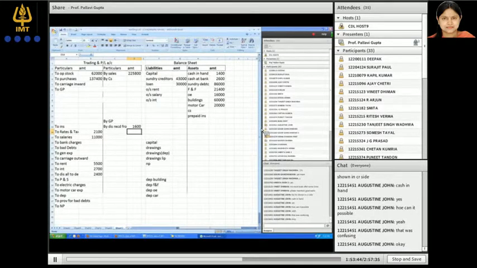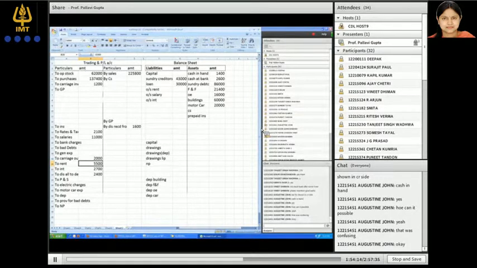Freight on purchases, that is carriage inward part of the trading account. Carriage outward, again the expense, the part of the PL, 2000.